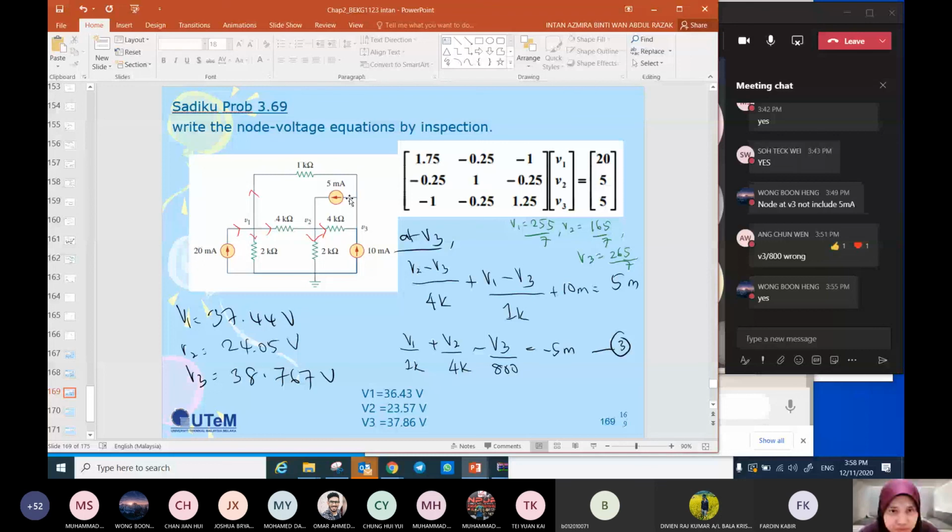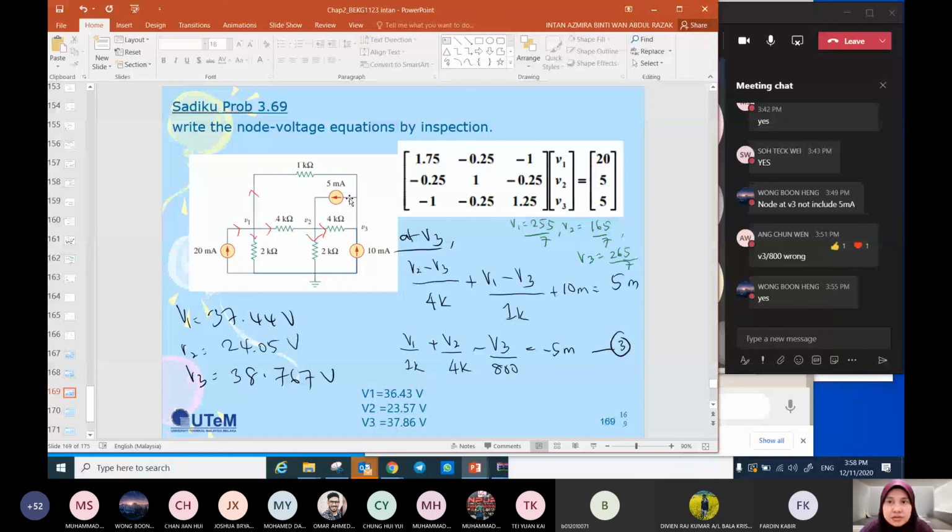This one. V3, V3 minus 5/4 V3. Why 5/4? Minus V3 over 4K, right?